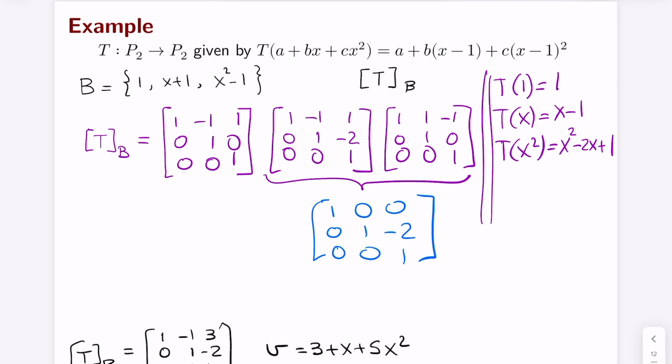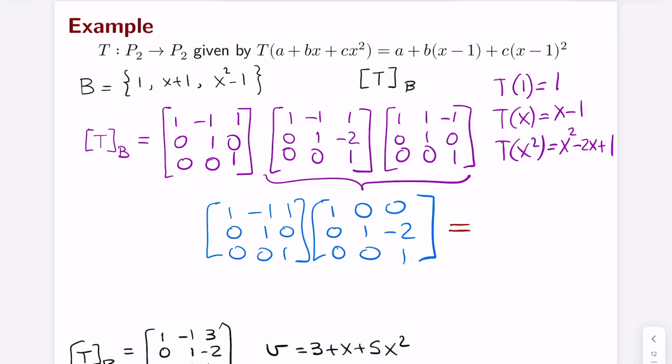And now we still need to multiply by this one in front. So let's multiply by the result of this multiplication. So we start: this times this is going to be 1 times 1 is 1. This times this is 0 minus 1 plus 0, minus 1.